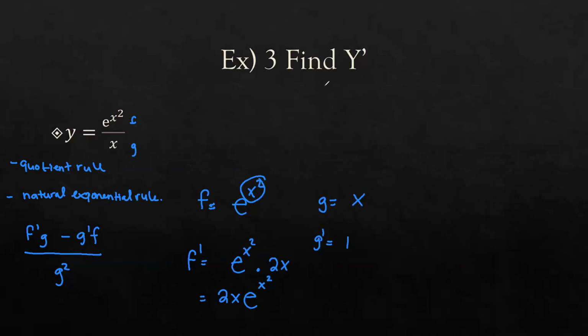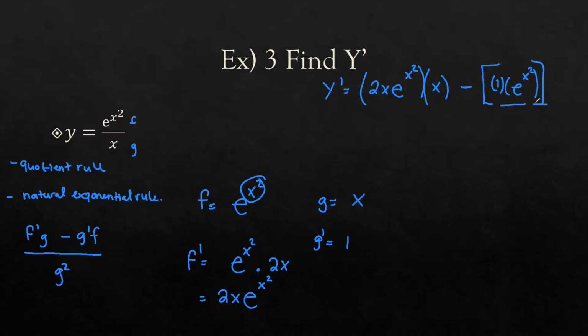Now let's find y prime using the quotient rule. It says f prime, which is 2x e to the x squared, times the regular g, which is x, minus, and I'm always going to put a bracket, g prime, which is 1, times the regular f, which is e to the x squared, all over g squared, so that is x squared.